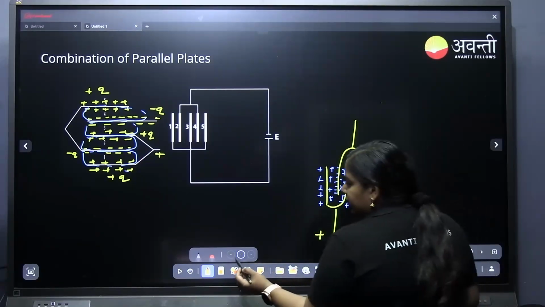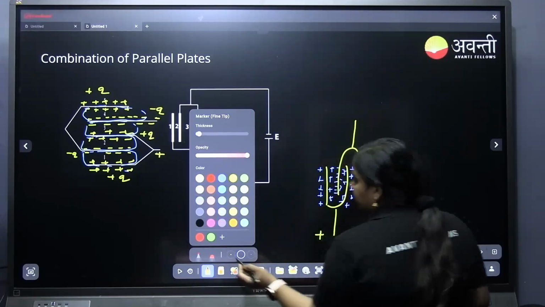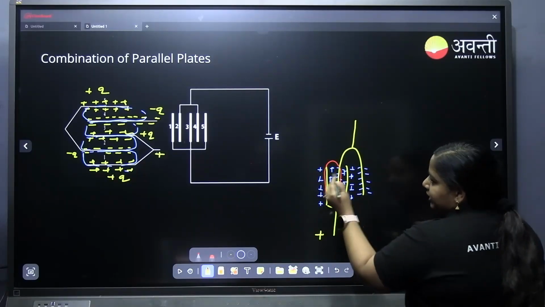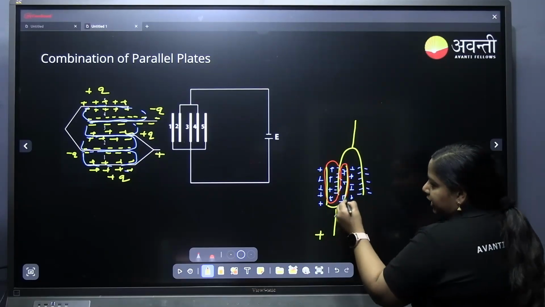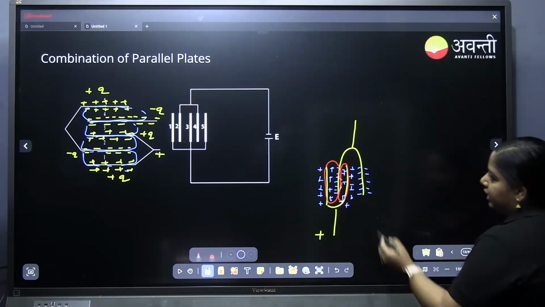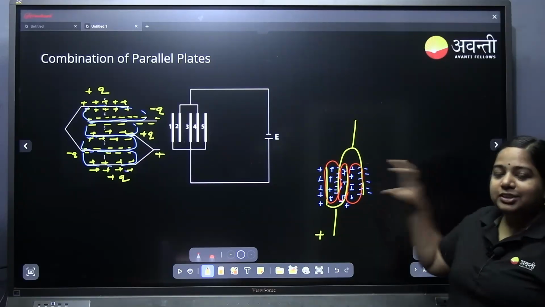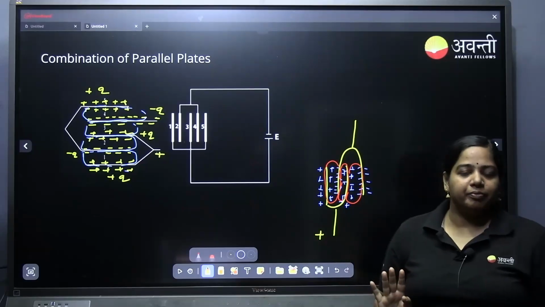Now in this, you can take these two, a pair like plus and minus, as one capacitor, then this side and this side as another capacitor, then this side as a third capacitor. So this will act as 3 capacitors connected in parallel.